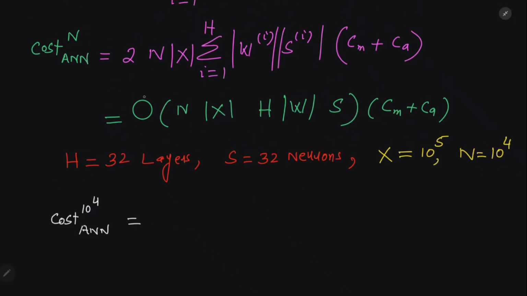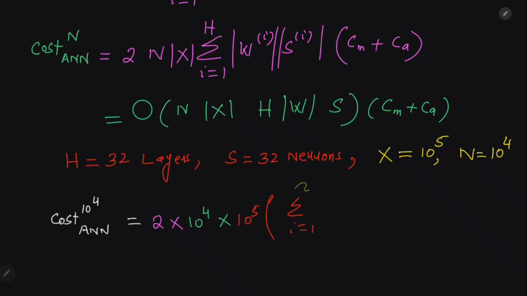We put 2 first, 2 times, and how many n's are there? 10 raised to power 4 iterations. Then, what is the sample size? The sample is 10 raised to power 5. It is the training data. Then we have i equal to 1 to how many layers?